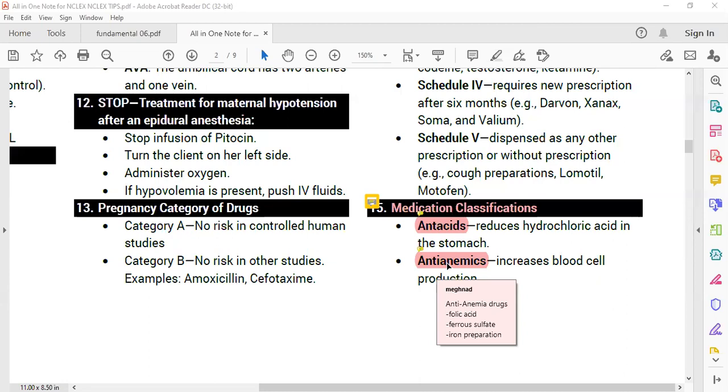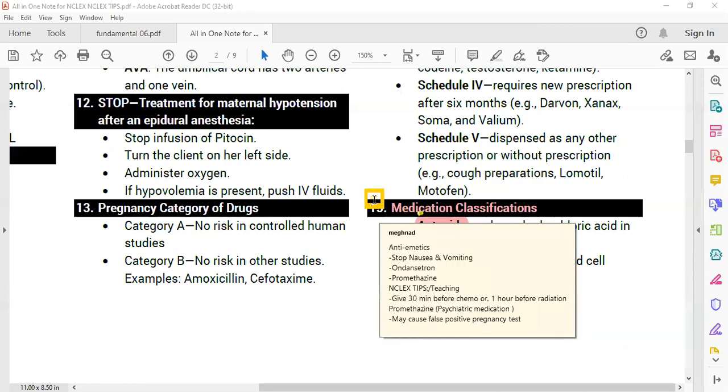And vitamin C with iron increases absorption; vitamin C helps absorption of iron. Another question the NCLEX board sometimes asks about iron preparation: intramuscular injection should be given using the Z-track method. Important for the NCLEX board exam.